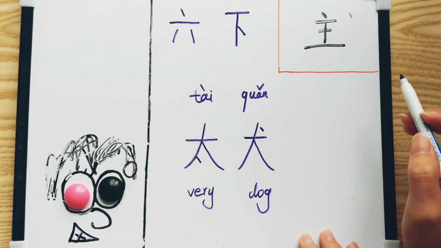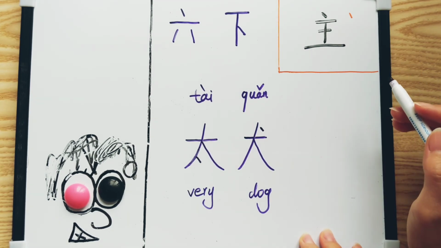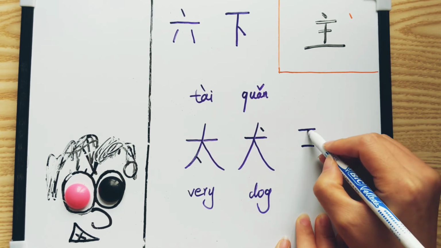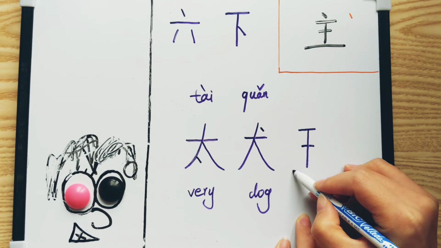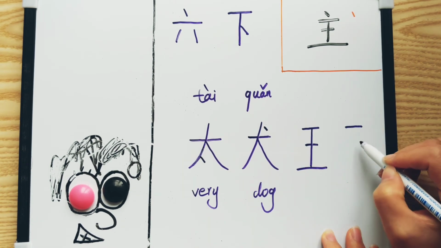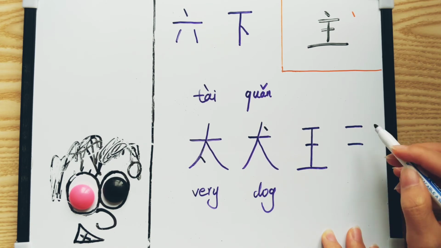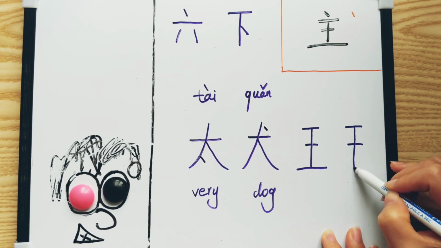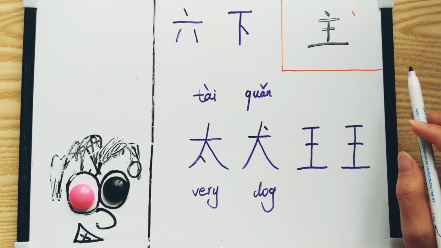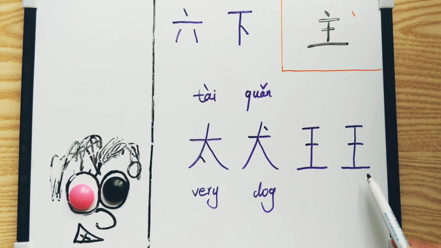Okay, next I'm gonna write down the character for Wang. Okay, now I write down the character for Wang twice.